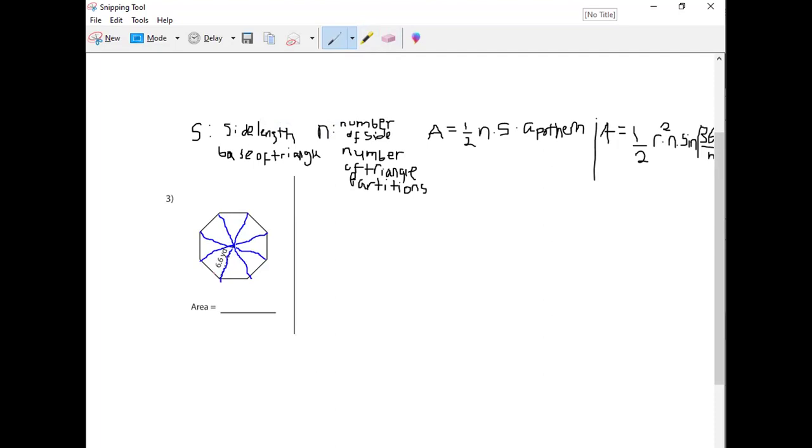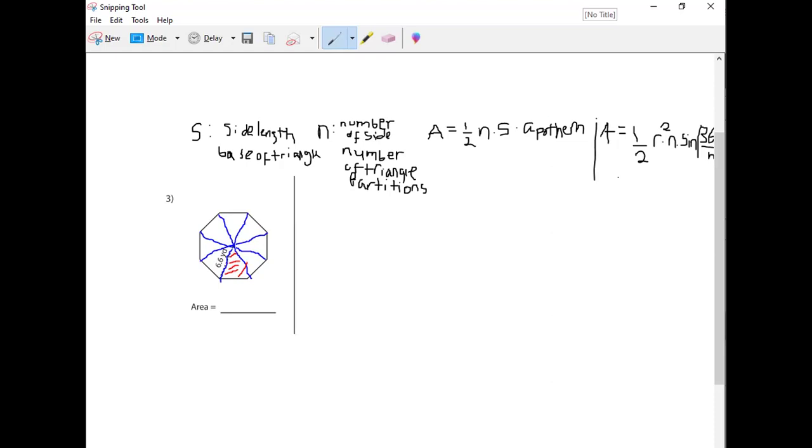We're just going to focus on finding the area of one of these triangles, and then multiply it by 8 to find the area of my complete polygon.